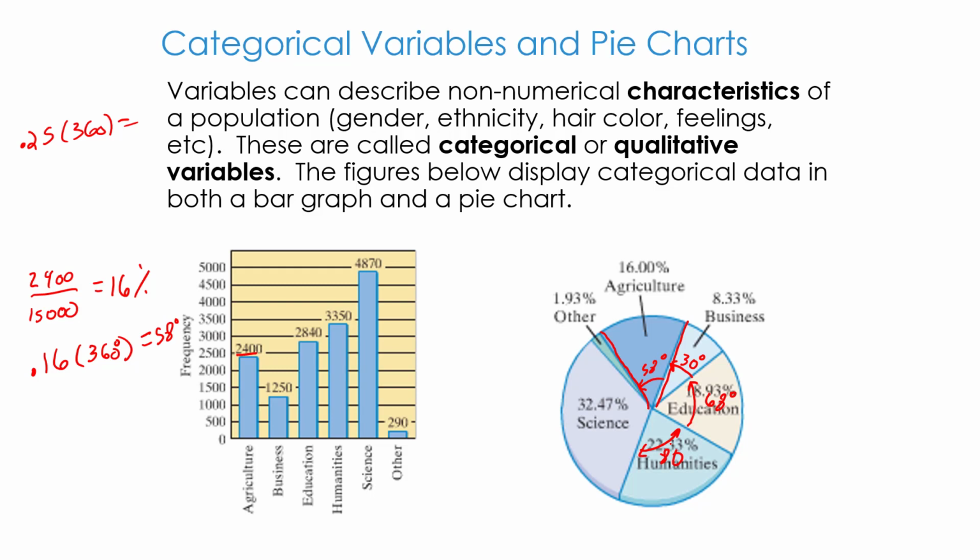And the science is going to be the 4,870 divided by the 15,000 times the 360. That's the biggest one, and you're going to get a 116 degree wedge, 117, sorry.